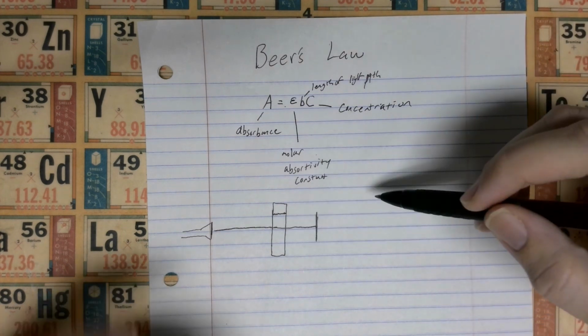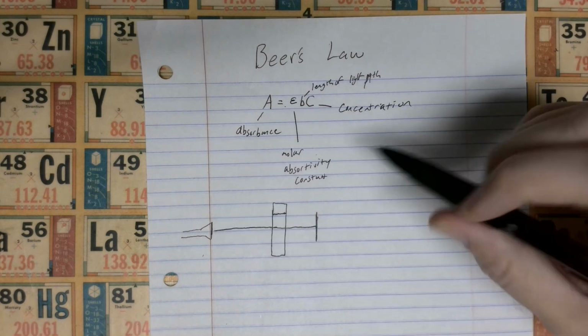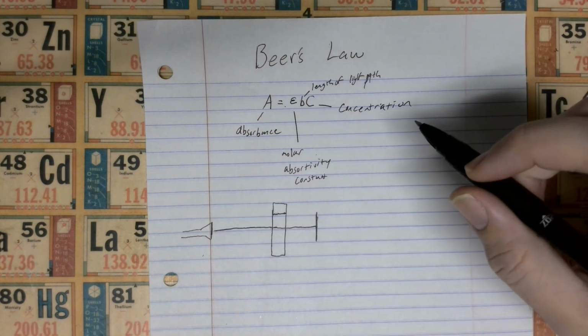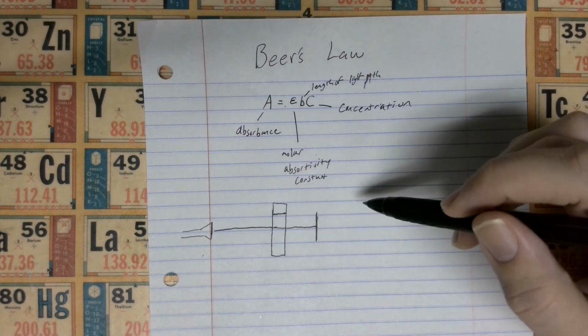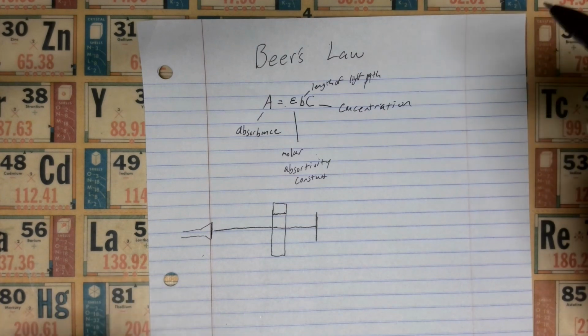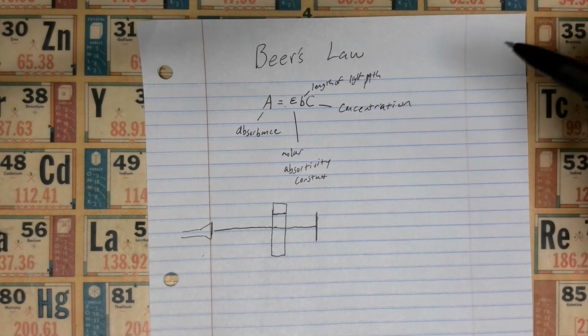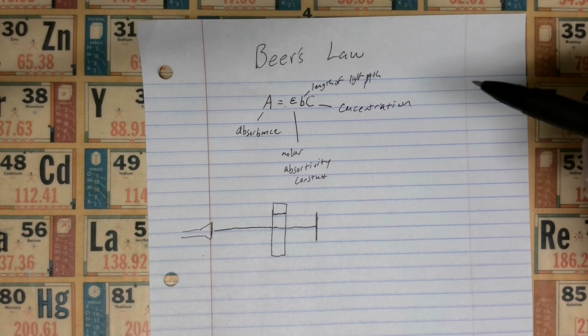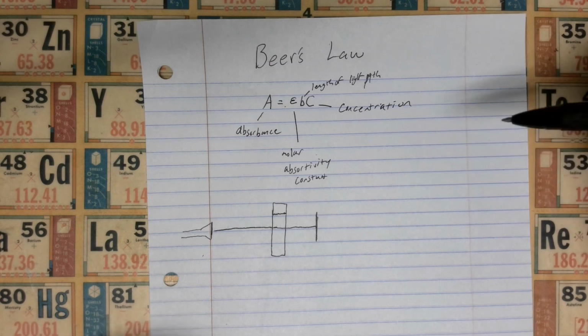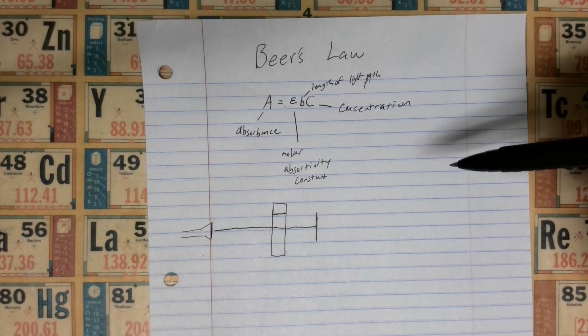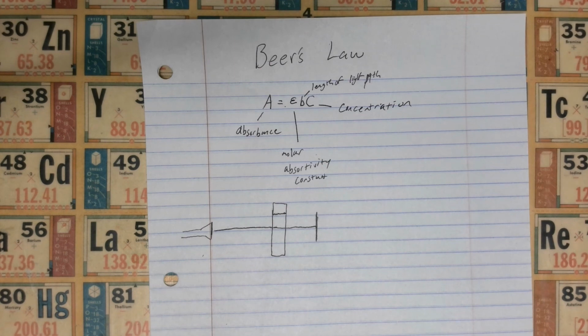So you need to also pay attention to what wavelength of light you're actually using, because there's always going to be a best wavelength for certain colors of solution. So you don't want to use a blue light for a blue solution or a yellow light for a yellow solution. You want to use the opposite for the wavelength.